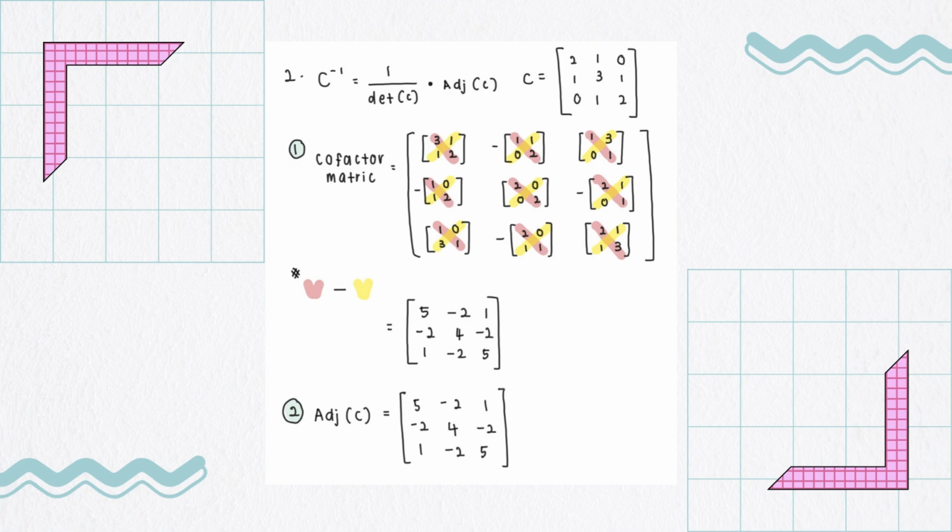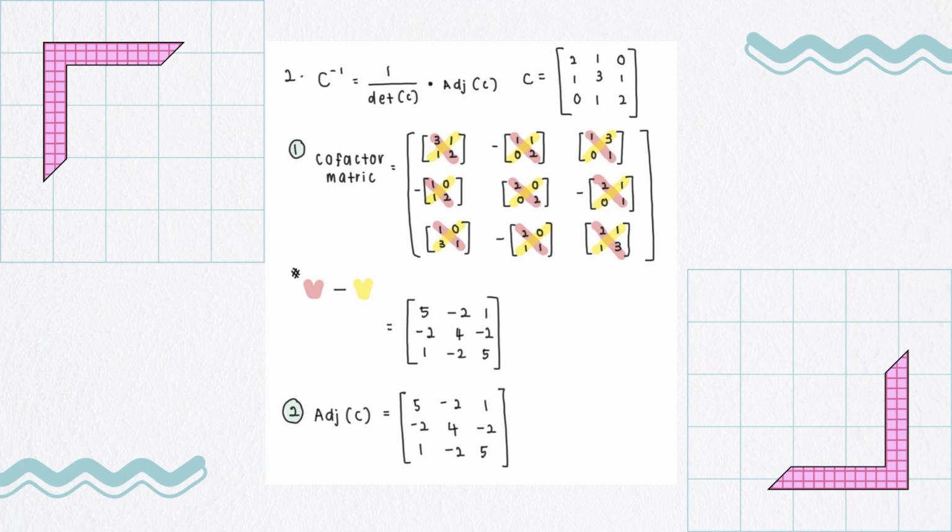Next, we need to calculate the cofactor matrix for these elements. The cofactor matrix is found by calculating the determinant of the 2 times 2 minor matrices with the alternating signs that we just wrote.